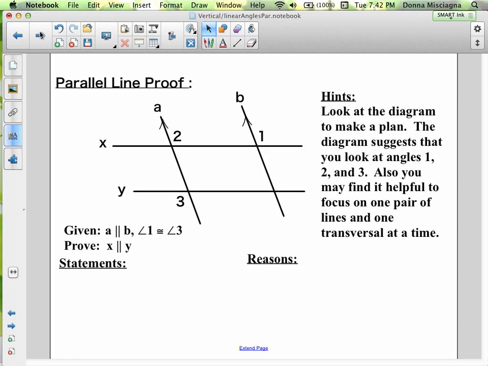We know something about lines A and B, and we're trying to prove something about lines X and Y. It would make sense to start with what we know, lines A and B. It would also make sense to start with information we know to be true. For instance, we know that line A is parallel to line B because that's given.